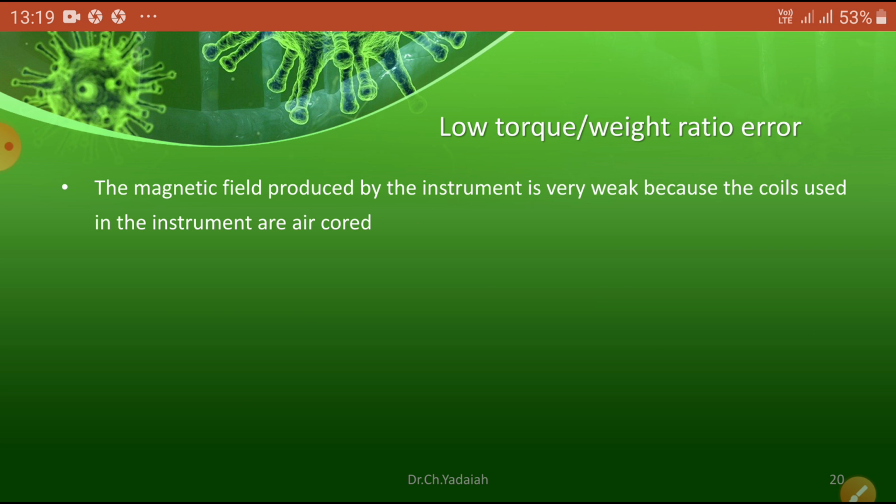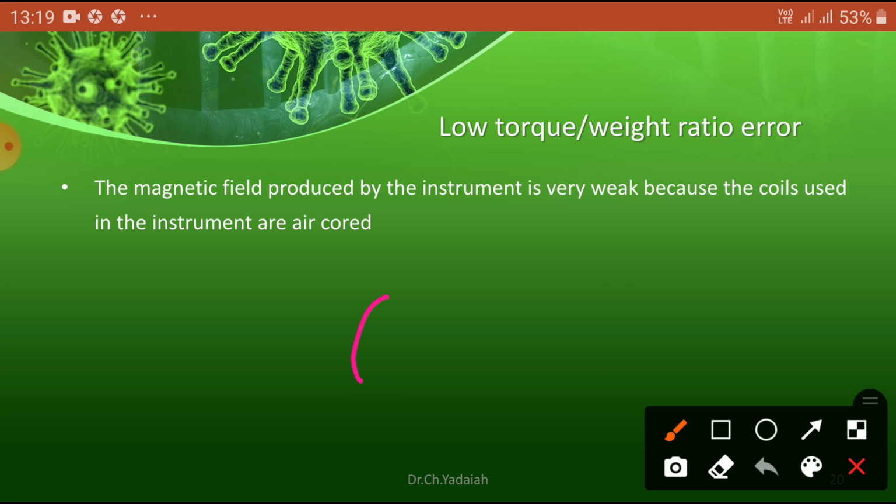A large number of turns are required to produce the required torque, so we require more current. Here we know that flux is equal to N into I, where N is the number of turns. Previously we required 1 ampere current, but the flux is less. If I increase the current, our current bill increases.